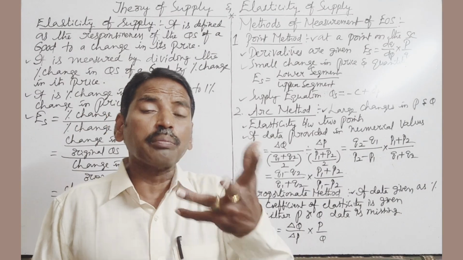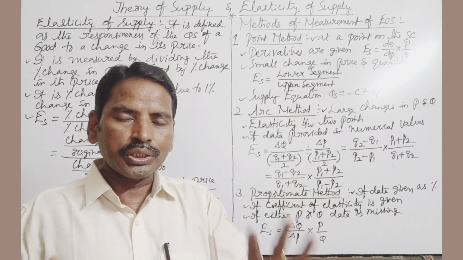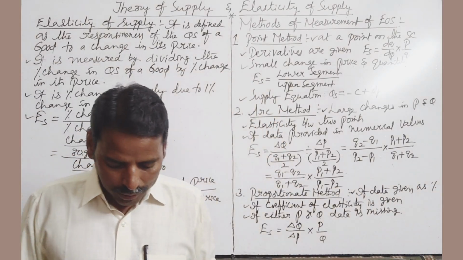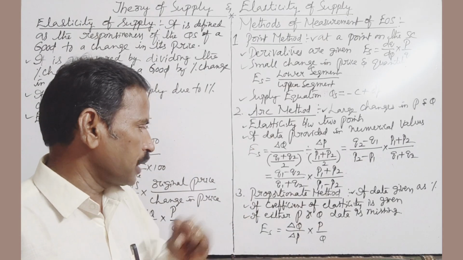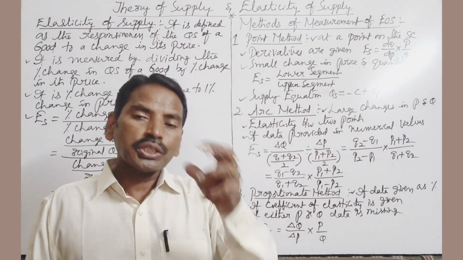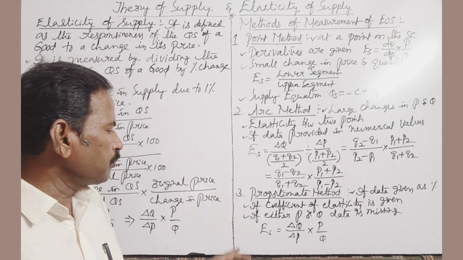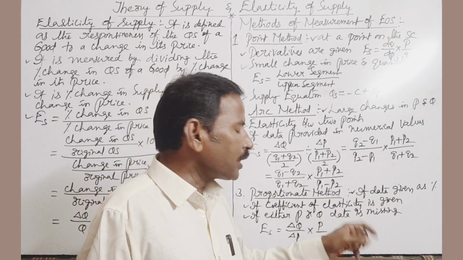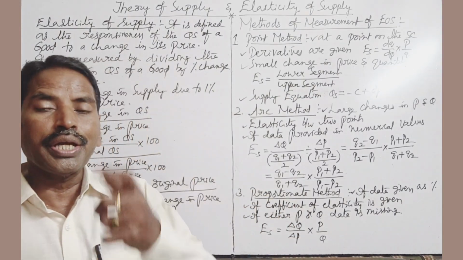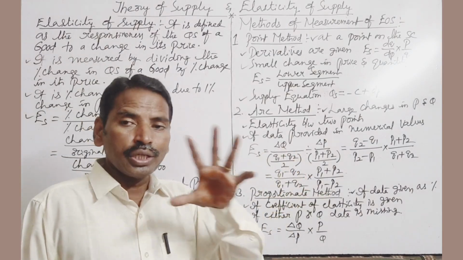When proportionate method is applied to measure price elasticity of supply: if data is given as percentage, if coefficient of elasticity is given, and third, if either price or quantity data is missing, to measure the missing data, proportionate method is applied.